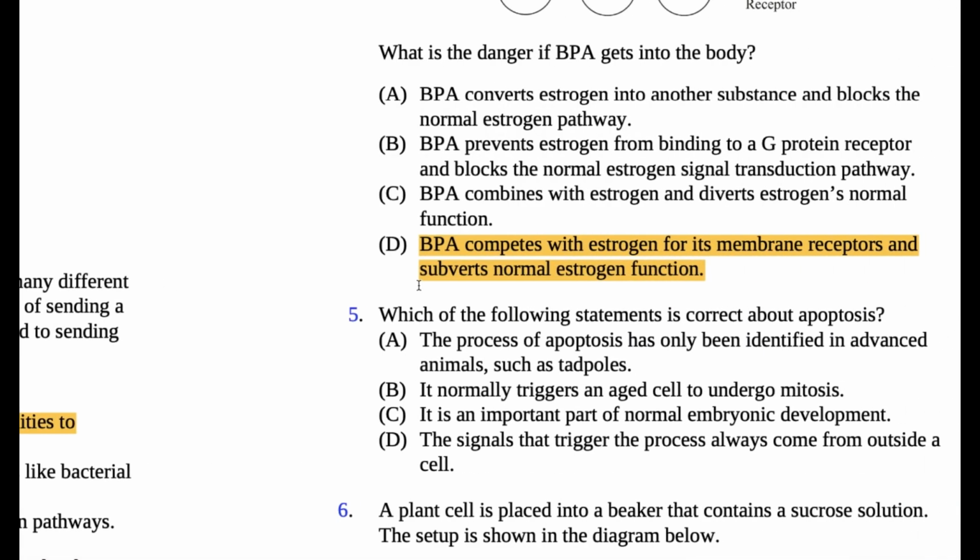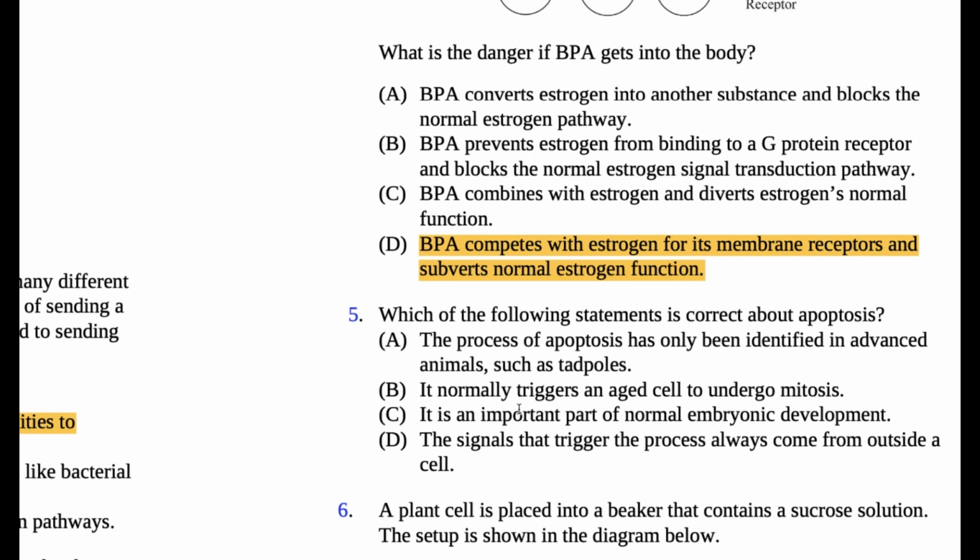So here, let's take a look at some other choices. First, the process of apoptosis has only been identified in advanced animals, such as tadpoles. First, we're not going to consider tadpoles as advanced animals, right? Actually, it is present in tadpoles, but however, apoptosis is also present in plants as well, right?